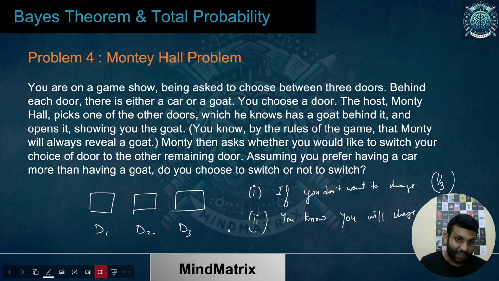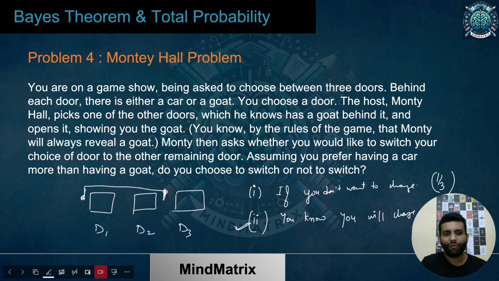But if I say that you will be changing for sure, in that case, the host will show you some door which will be having a goat behind it. So it's something like this. See it carefully. You have a doubt that these two can have a car.